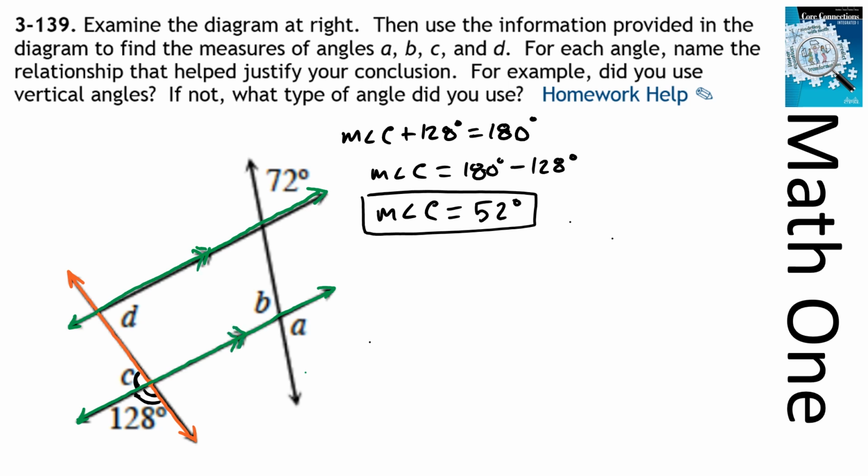And when I have parallel lines, there are certain angles that are in the same location. They're called corresponding angles. So this angle that's marked 72 corresponds with this angle, and because they're corresponding angles, they're both equal to 72.